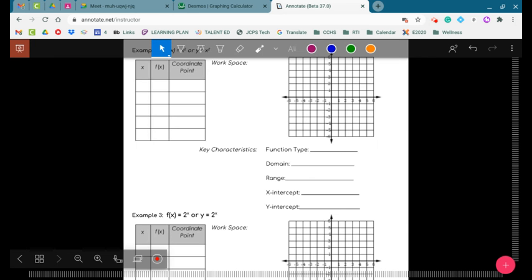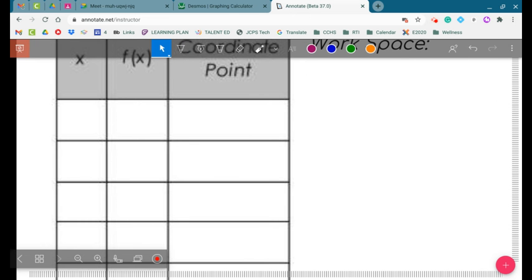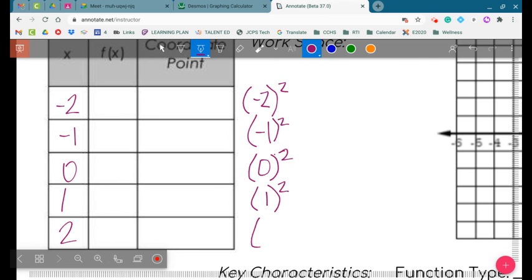So our quadratic parent function, we're going to be doing the same thing, except now we have y equals x squared. So we're going to have -2, -1, 0, 1, and 2. So we're going to have -2 squared, -1 squared, 0 squared, 1 squared, and 2 squared.